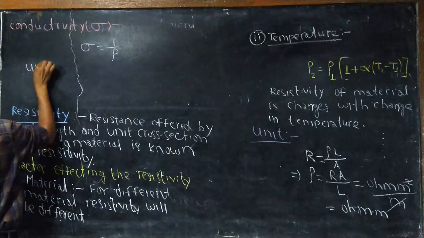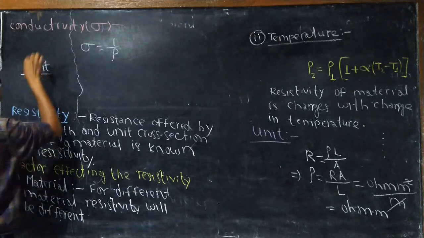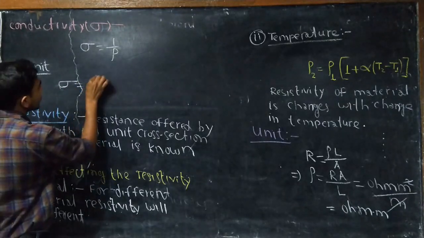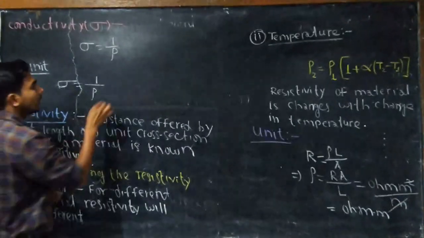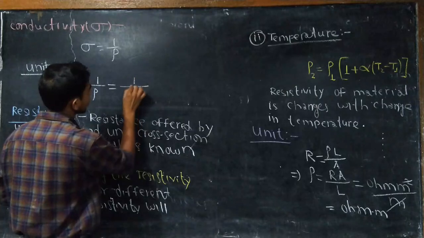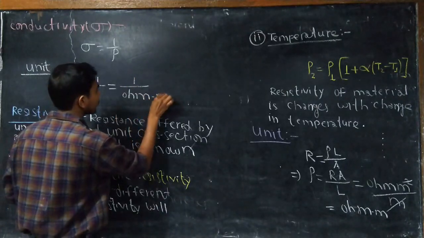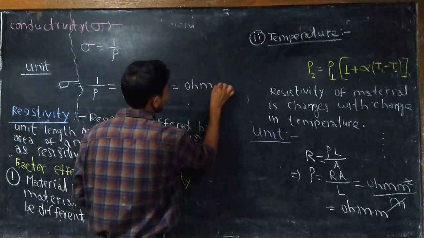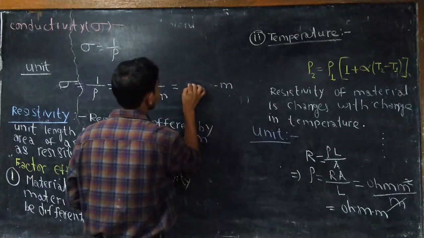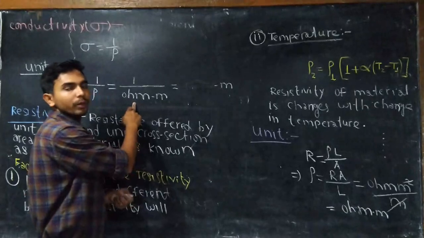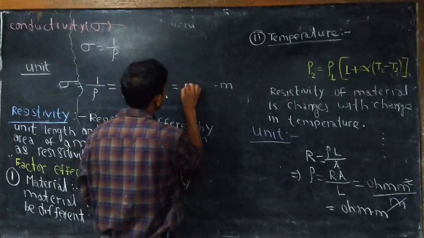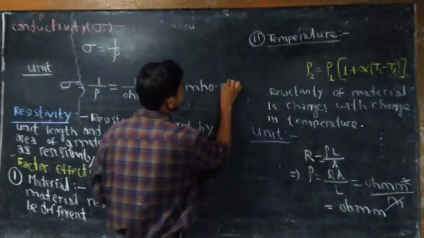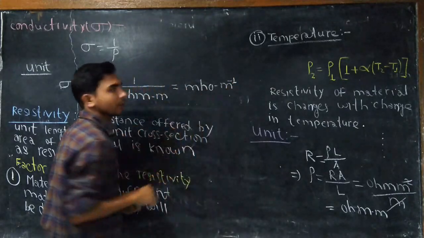Next is the unit. Unit of conductivity: your conductivity is 1 by resistivity, and resistivity has unit ohm meter. So we can write 1 by ohm meter, and 1 by ohm is mho, so it will be mho per meter.